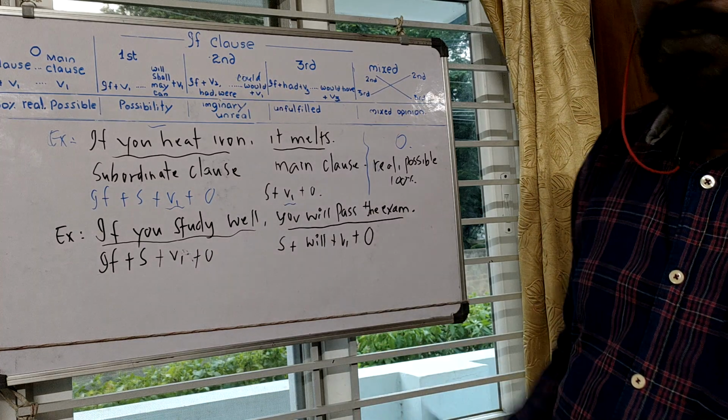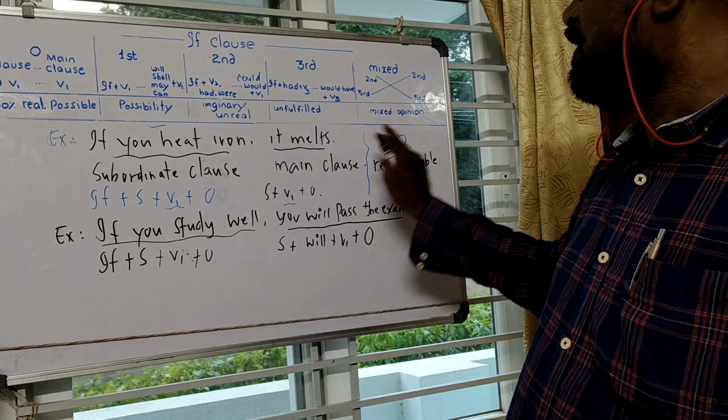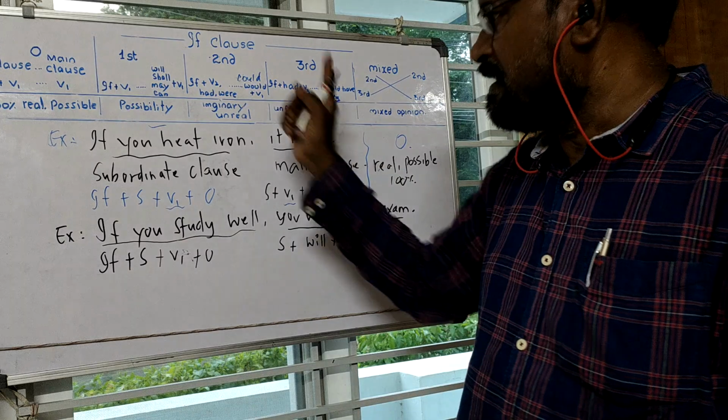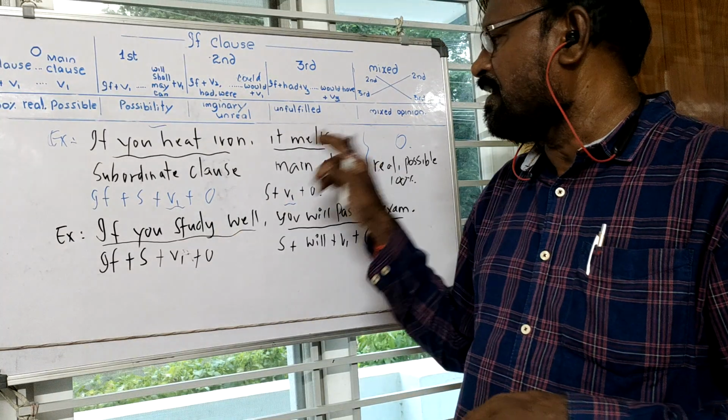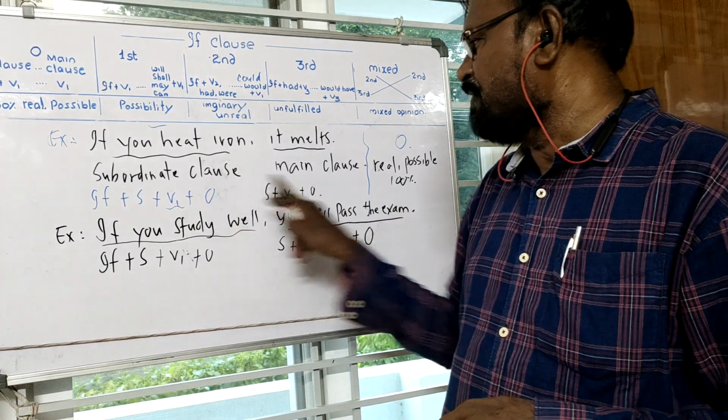Here we find a difference from the zero condition. In the zero condition, in the subordinate clause and in the main clause, we find only the present form of the verb, that is V1.